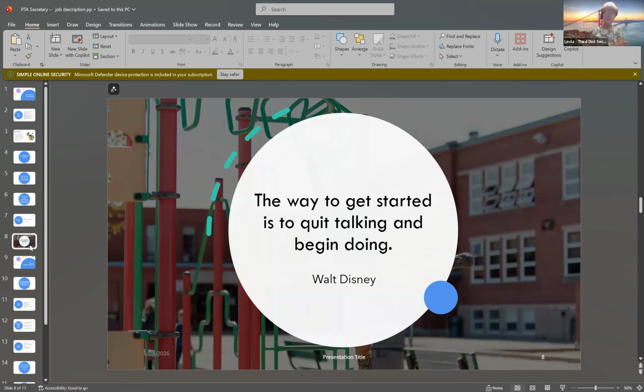This is a quote from Walt Disney, one of my favorites, and I just take it with a grain of salt. But again, going back to using that resource, you can talk to a lot of people, especially multiple people that have been in the role and any role, and everybody has a little bit different perspective.